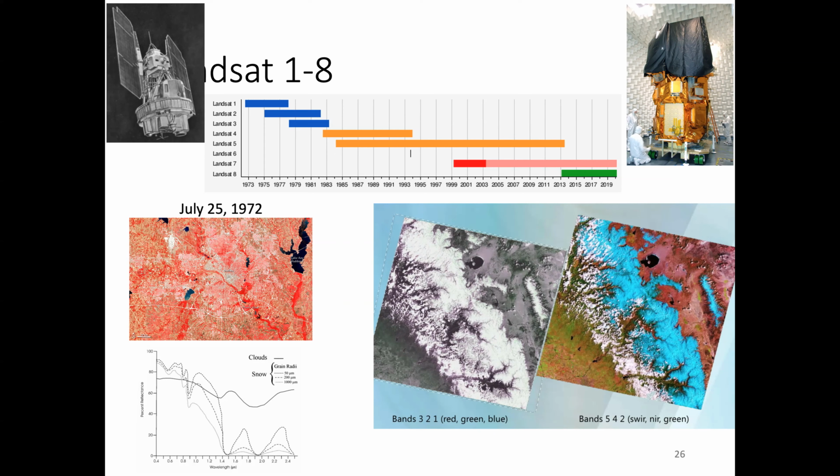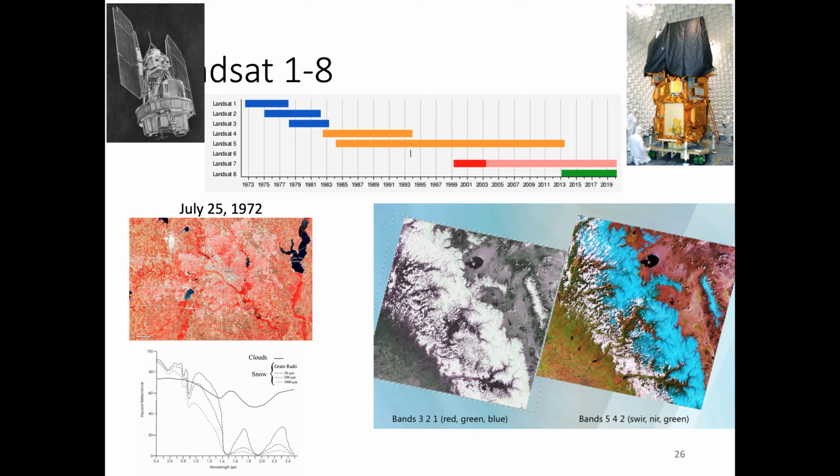As I showed earlier, snow reflects most of the visible solar radiation, while it absorbs nearly all of the shortwave infrared. In 1982, Landsat 4 was launched with the thematic mapper. This began the modern era of satellite remote sensing, as snow is now distinguishable from clouds. Landsat 5 was launched shortly thereafter, also with the thematic mapper, and provided data for almost 30 years. Landsat 7 was launched in 1999.